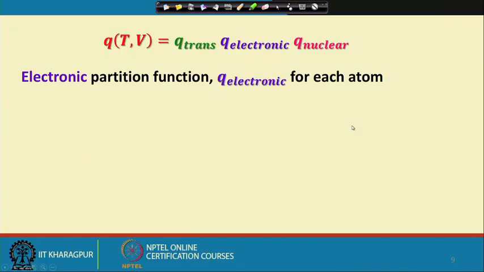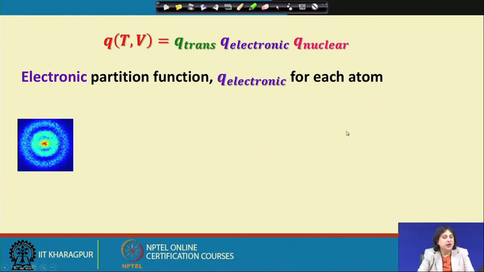So, in order to do this, what I need to understand is the microscopic structure of the atom here. For any given atom, even for the hydrogen atom, you can separate out, on the basis of the difference in time scales for the movement of electrons and nuclei, the solution of the electronic part of the Schrodinger equation.